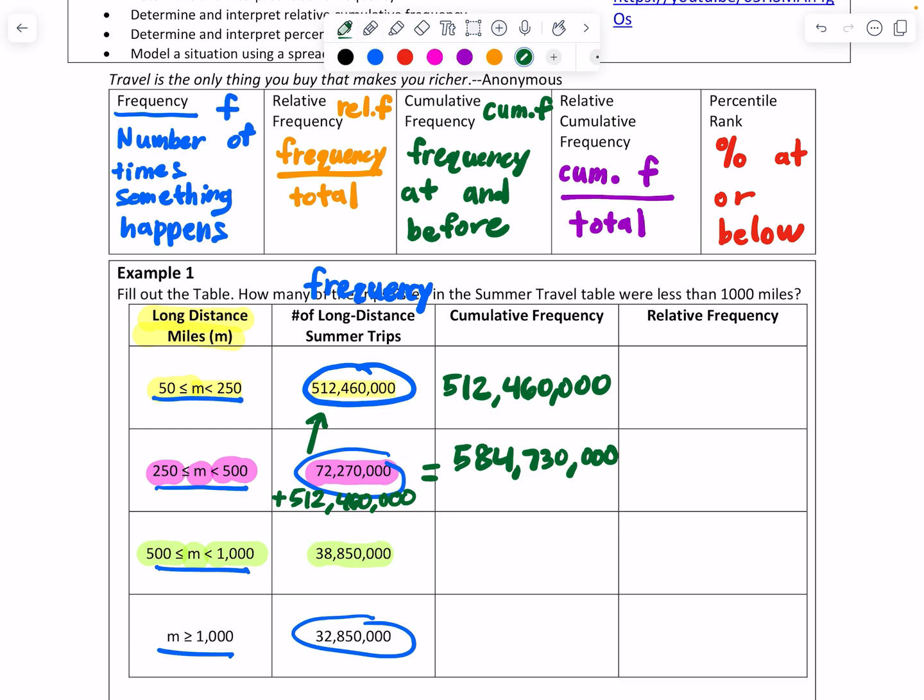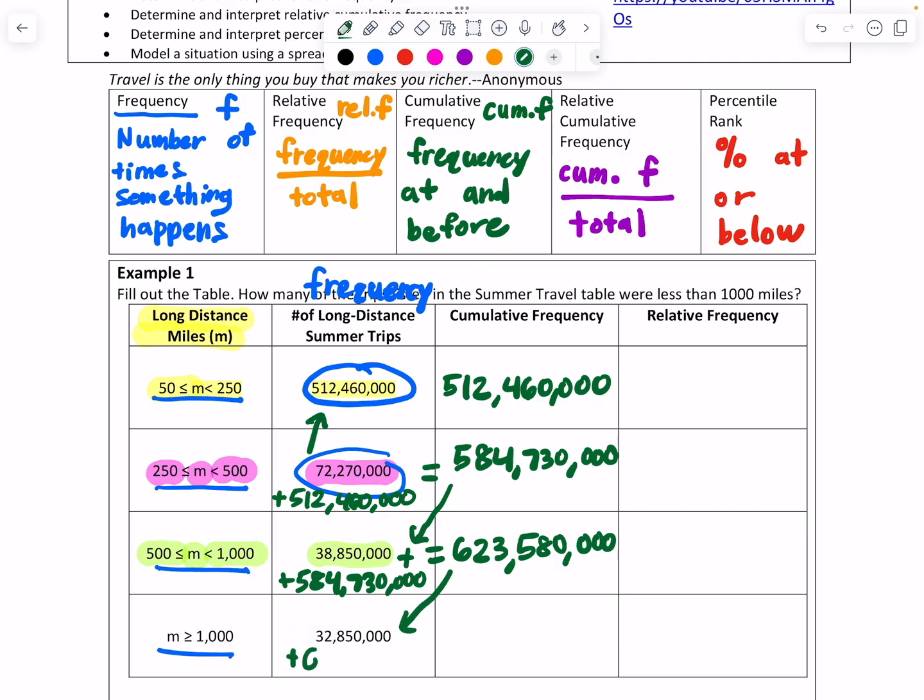I'm going to add this value plus the 38,850,000. These are really big numbers. Then I will get 623,580,000. And then the last one, we'll take this value and add it on, and we will get 656,430,000.